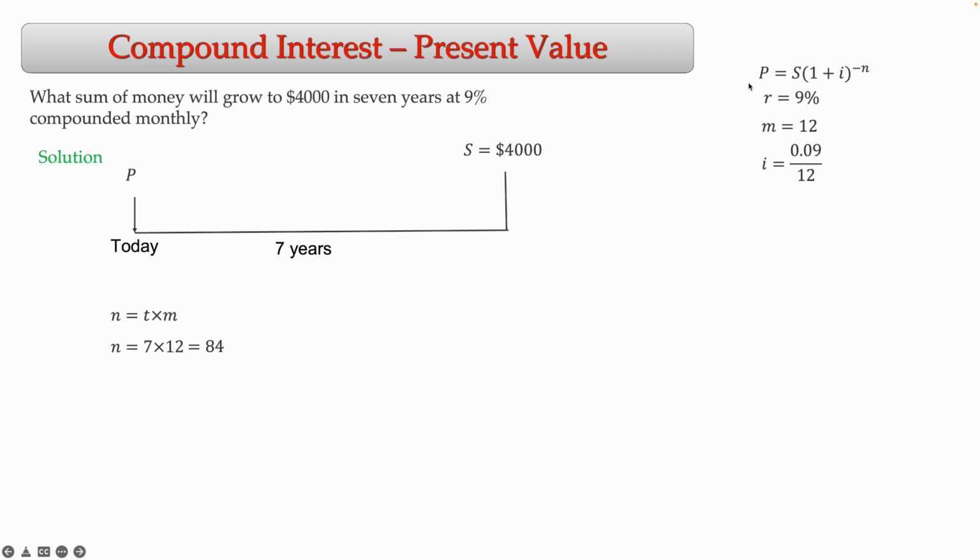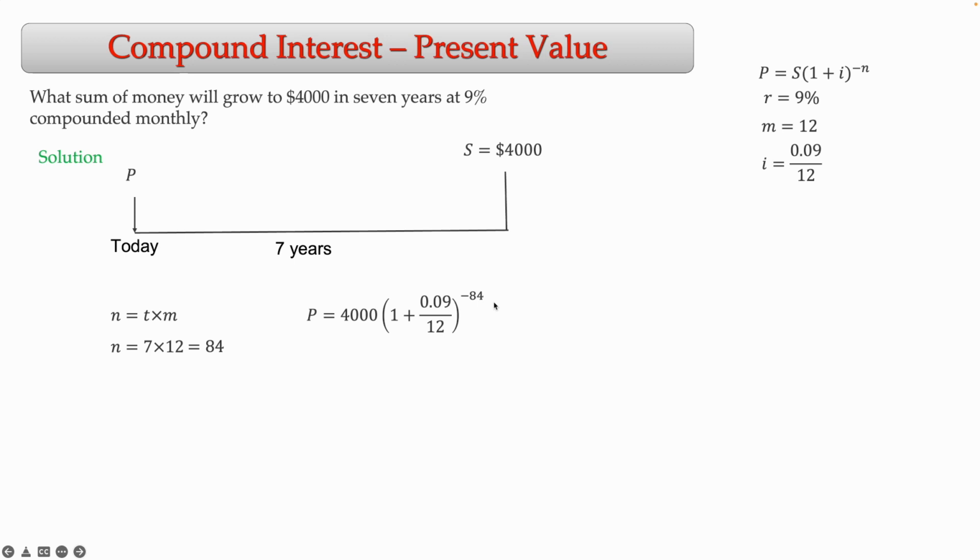Now I can use the formula of present value. Substituting S equals 4,000, n equals 84, and i equal to the quotient we have here, P equals 4,000 times (1 plus 0.09 divided by 12) to the power negative 84.